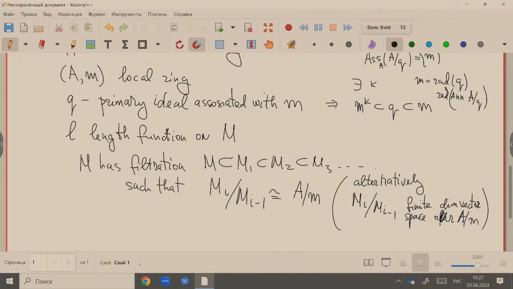I mean that you have these modules, where this filtration has a one-dimensional piece K, and this will be equal to K A i.